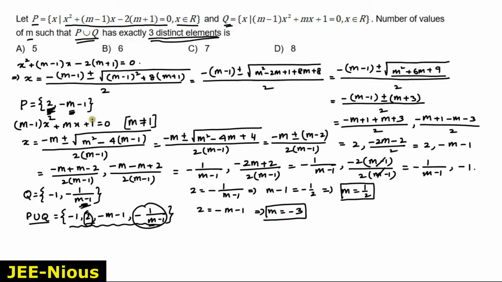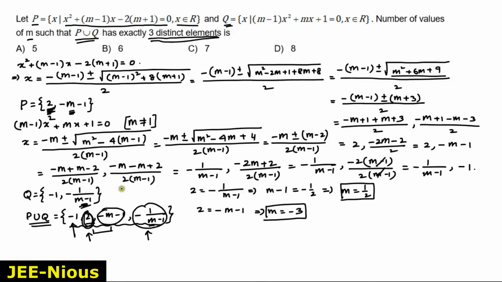If these 2 elements are the same, only one element will come from these 2. So your P union Q will have exactly 3 distinct elements. One will be minus 1, another one is 2, and the third element will be this. So our condition is fulfilled when m is minus 3.